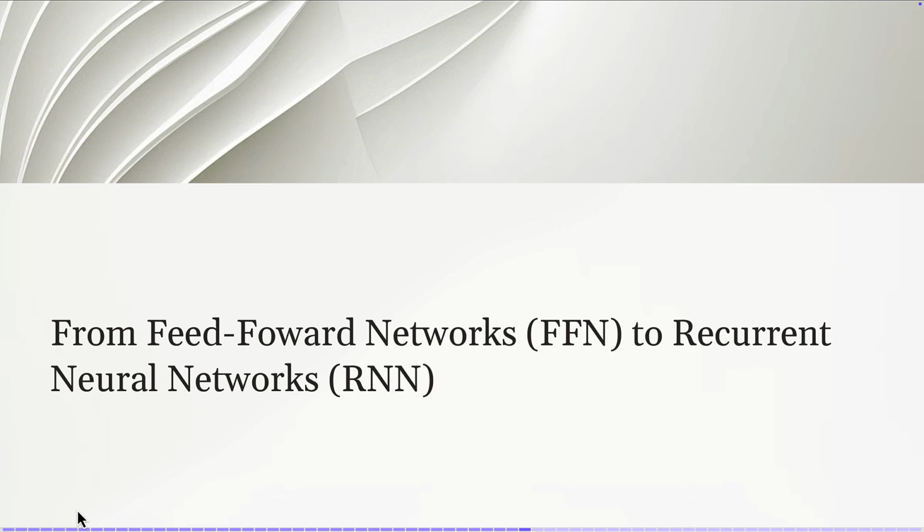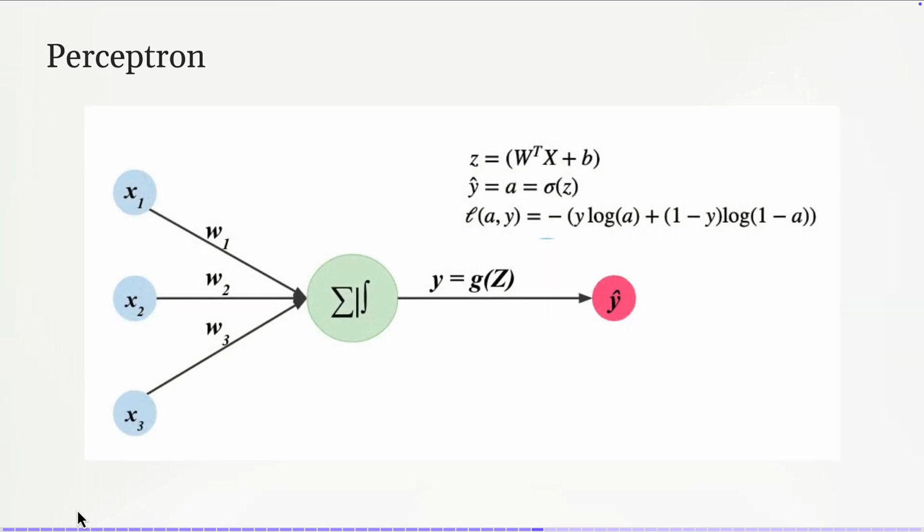Now, let's even go backward to the original of neural network. So a neural network, basically in the very basic use case, is what we call the perceptron. A perceptron is just one neuron that take input features as a vector, x1, x2, x3. It will be multiplied by weight.